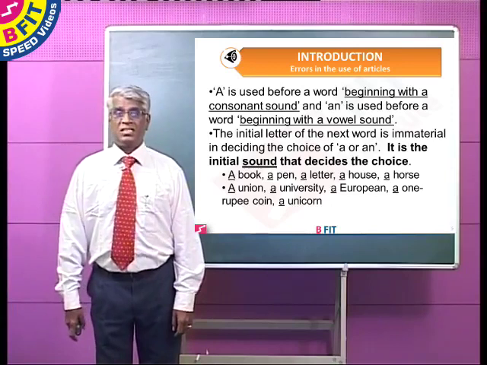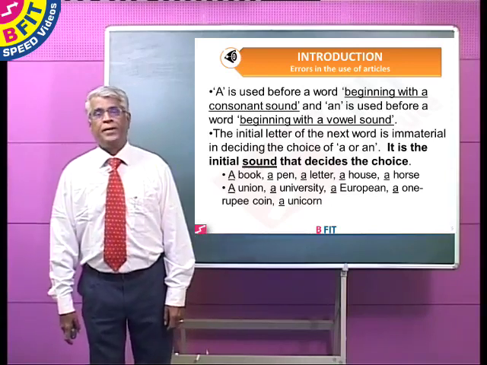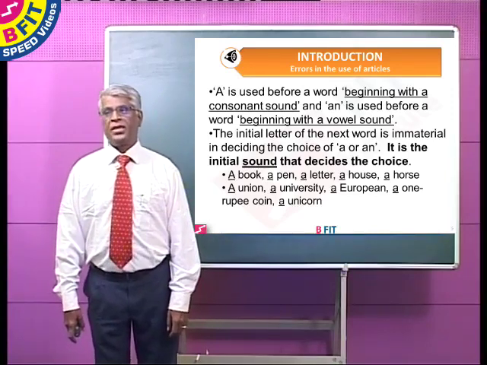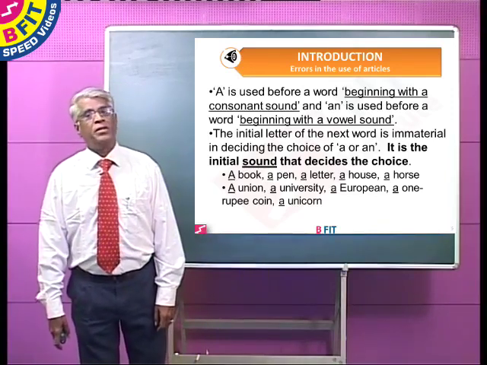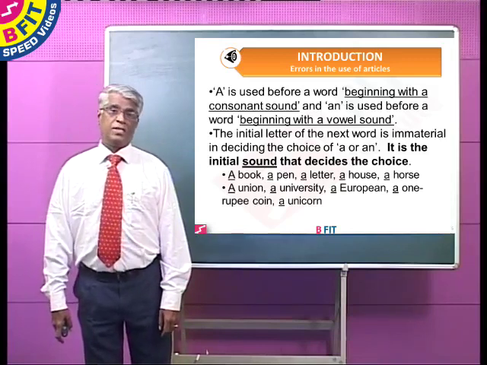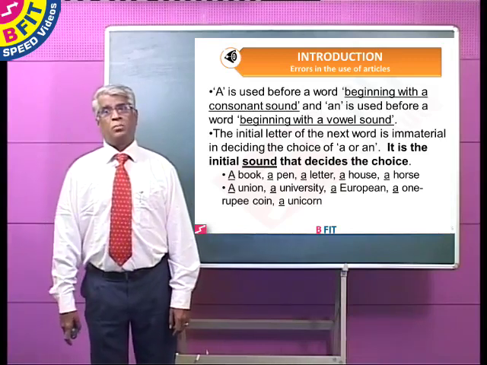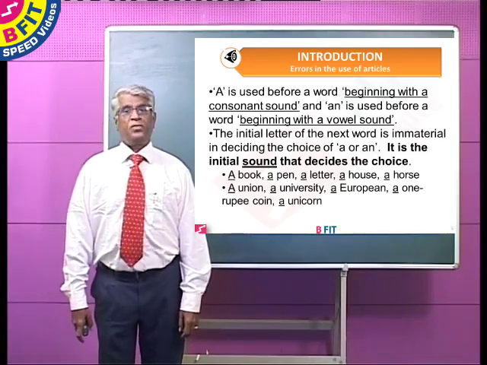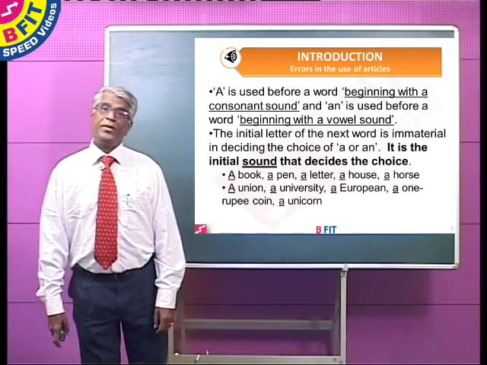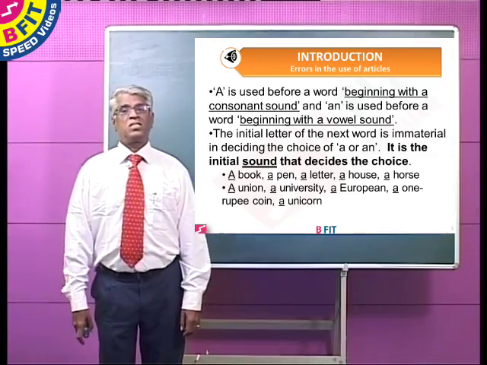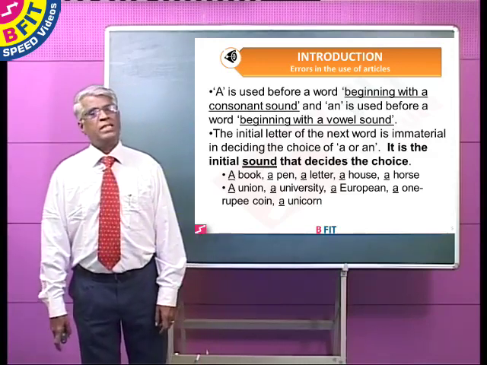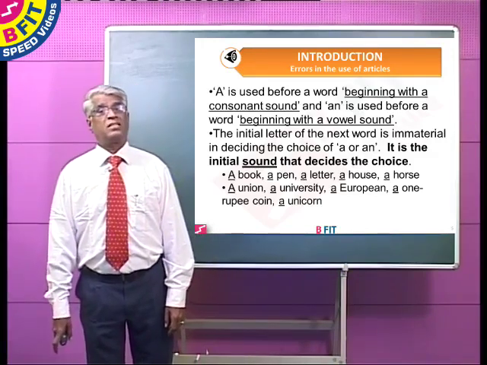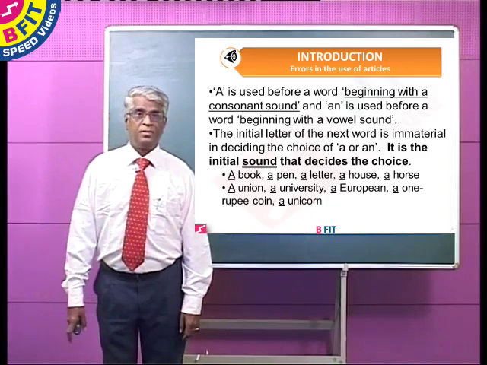Now look at the next set of examples. A union, a university, a European, a one rupee coin, a unicorn. Now you take two words, for example, union and umbrella. Both of them start with the letter U. But as I told you earlier, we have nothing to do with the first letter in the spelling of the word.